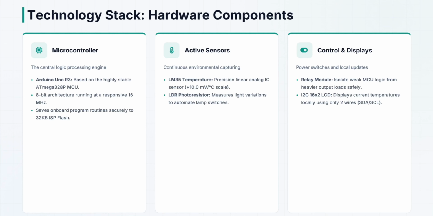For our output actuators, we use relay modules. Relays are electromechanical switches that isolate our low voltage DC microcontroller circuit from high voltage AC loads. This ensures complete safety for the microcontroller during physical appliance operations.